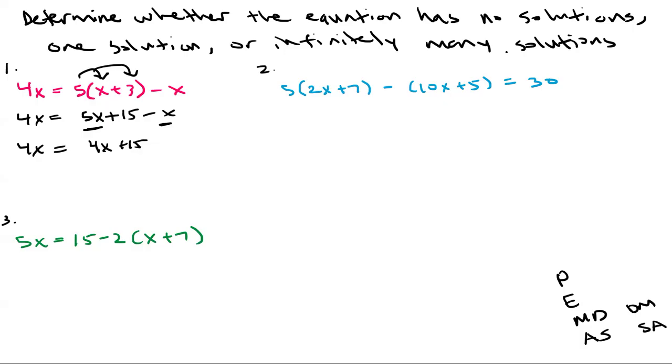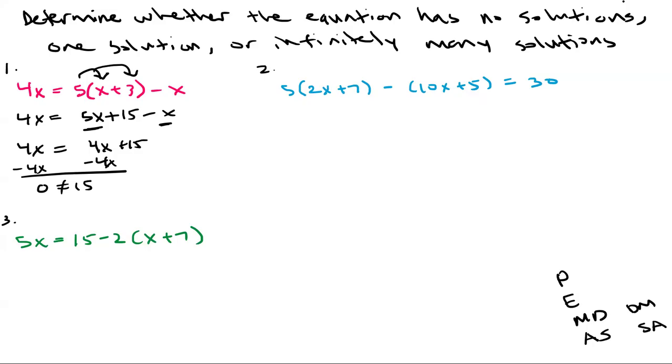Now again, I want to combine my x's together, so I'm going to subtract 4x on both sides. I get 0 is equal to 15. Can we continue on here? No. Does this make any sense? No. So what does this mean? This is no solutions, because 0 does not equal 15. That's not true. Remember what's happening behind the scenes.